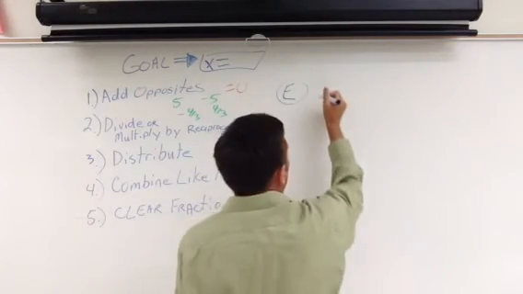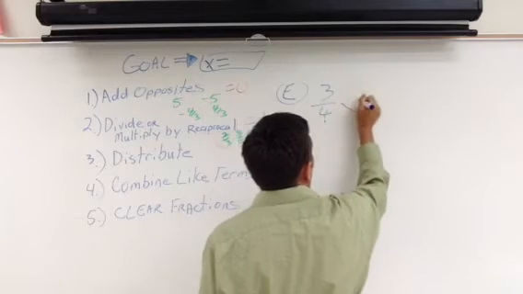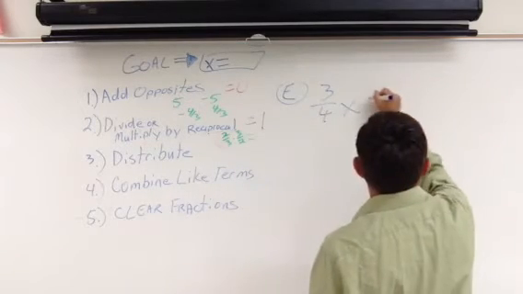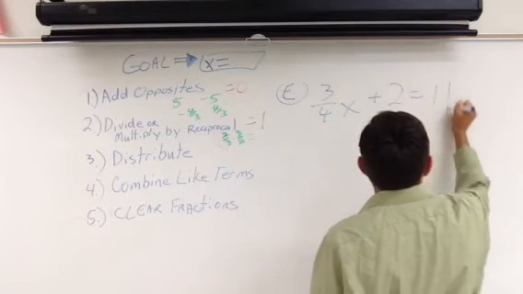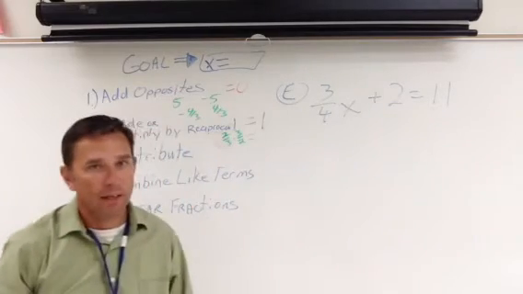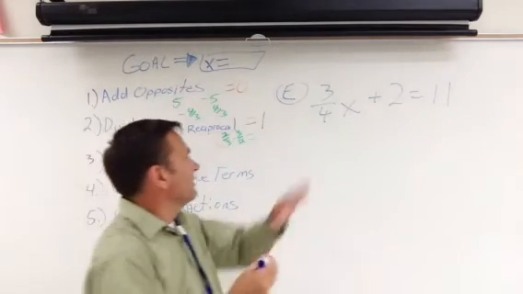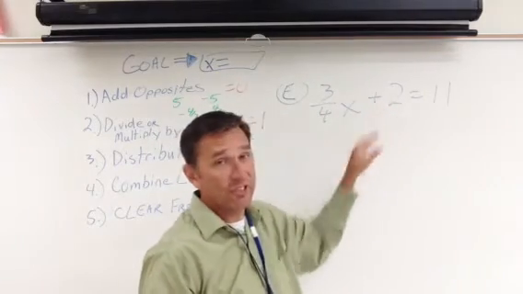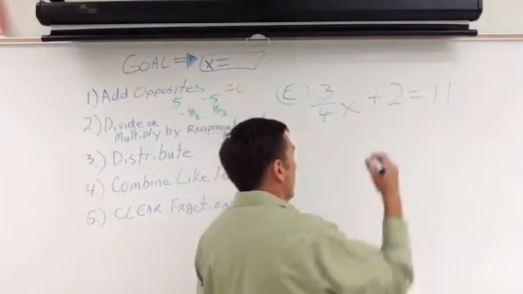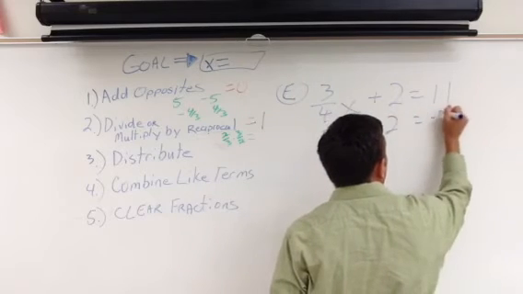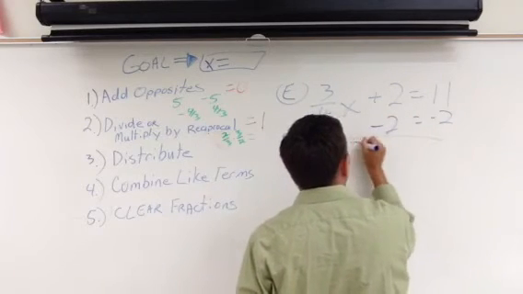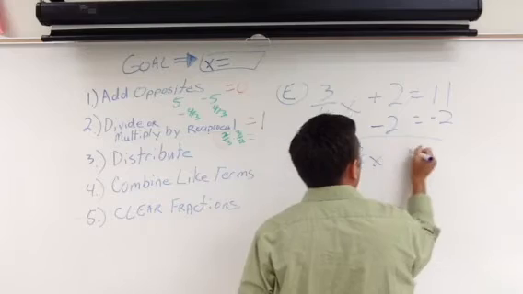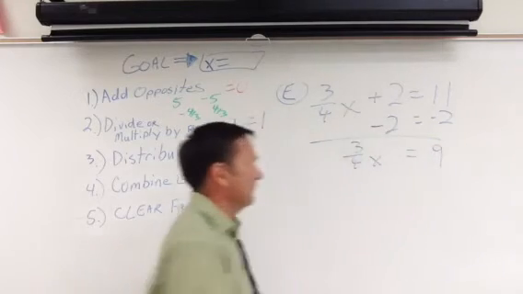Problem E. 3/4 x plus 2 equals 11. Now, we have this thing plus x. We're still adding opposites here. This doesn't change. So, we can still add negative 2 to both sides, and we end up with 3/4 x equals 9.